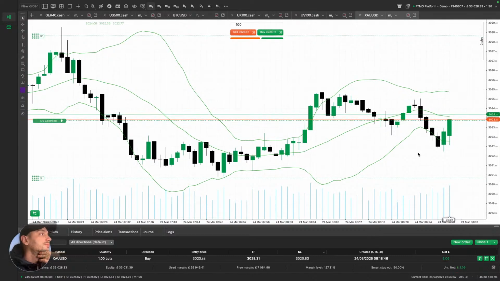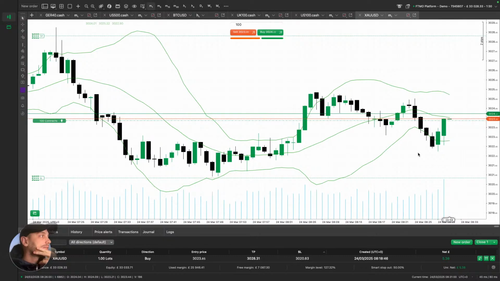Come on. Above the entry again, that's good. Good green candle.